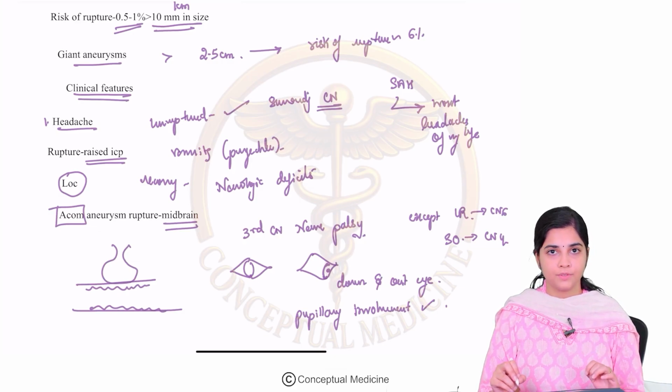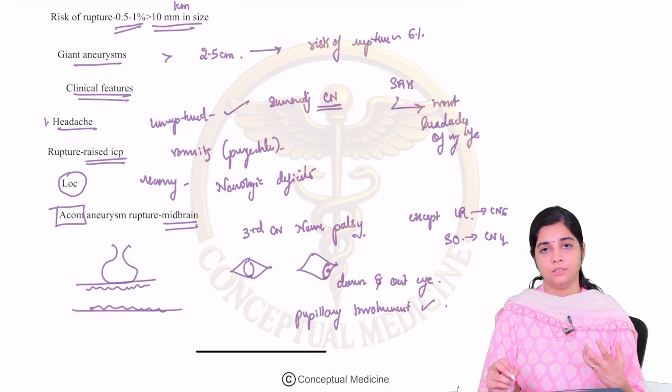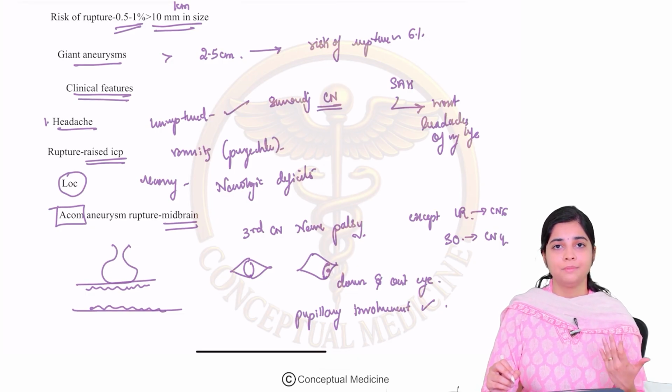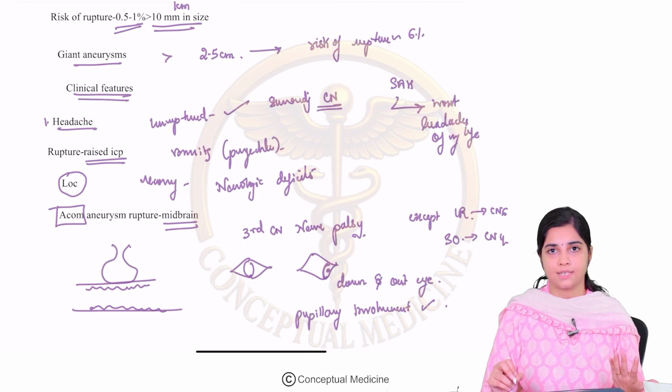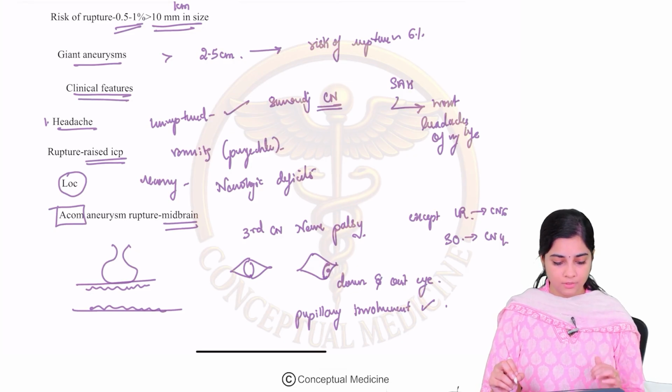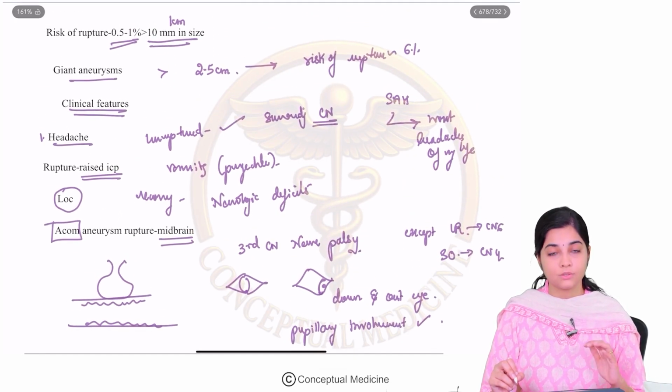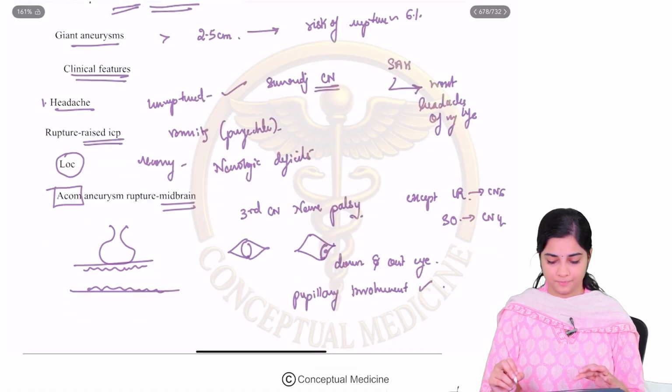Okay, clear? Right, apart from that, if the aneurysm is high or if there is bleeding into the midbrain, you can get other long tract signs as well. Fine? Okay. So these are about the symptoms of your subarachnoid hemorrhage.